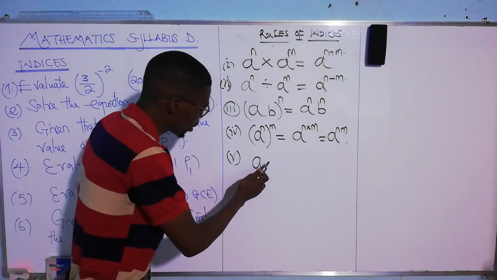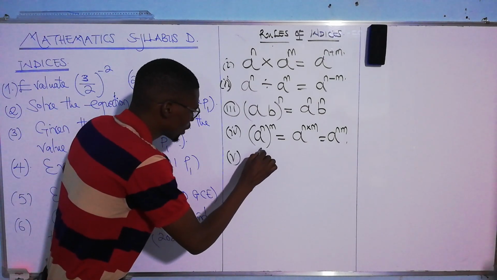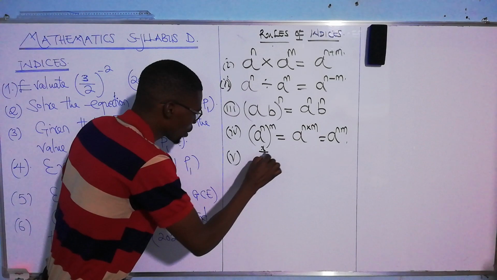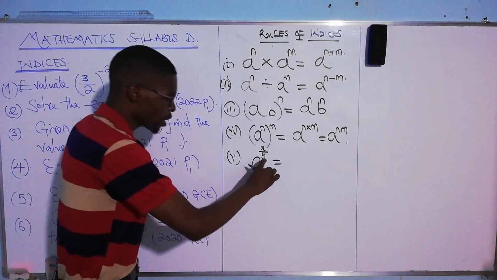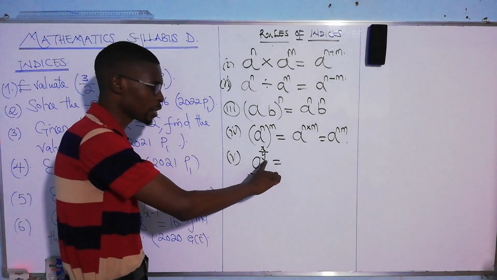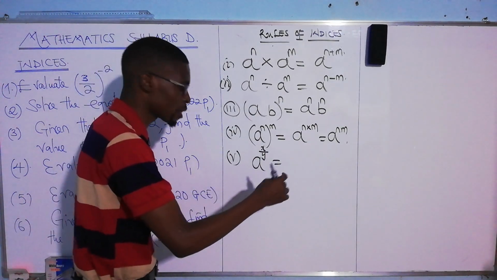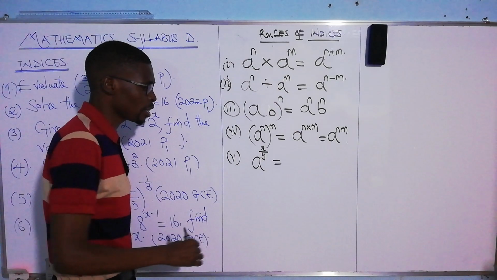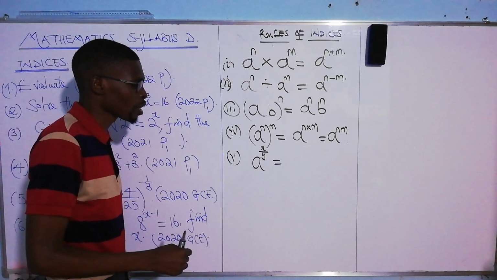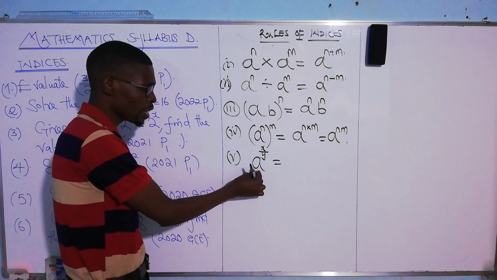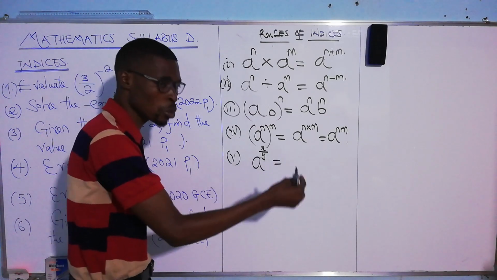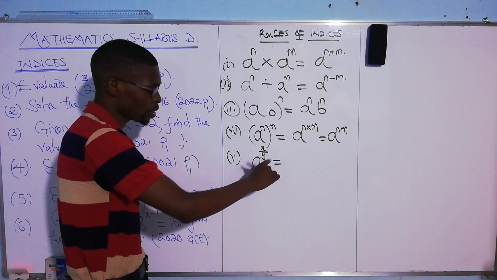So when you have a to the power, let's say a to the power x over y, the meaning here is that y is going to be the root, or the nth root, and x is going to be the power. So this is the yth root of a raised to power x, because we are using y, not n.